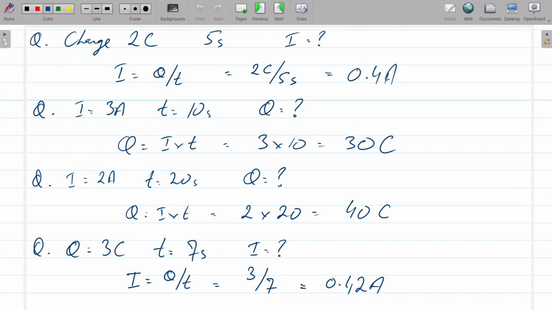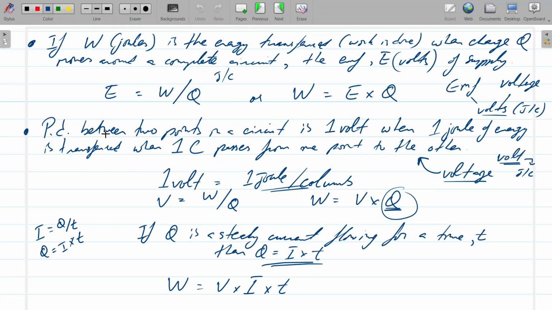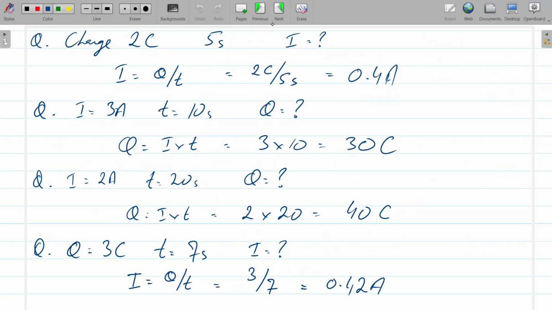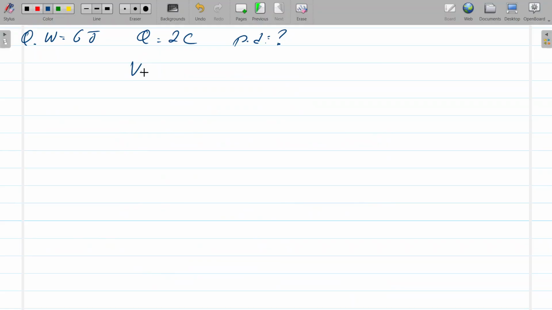So the charge is 2 coulombs and they're asking you for the potential difference. So what is the equation for potential difference? V equals to W divided by Q.